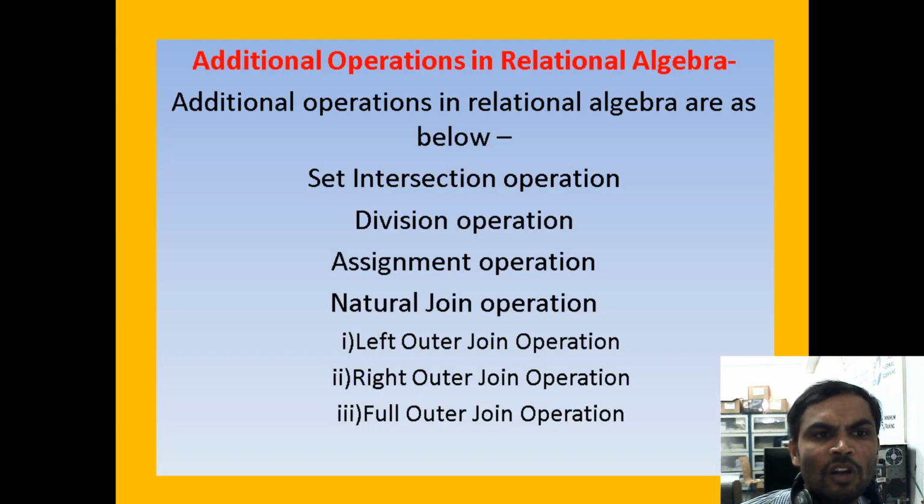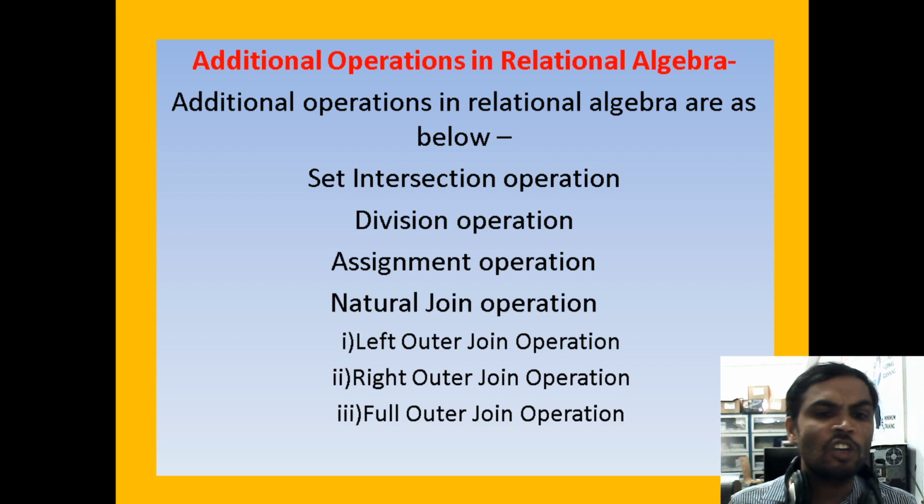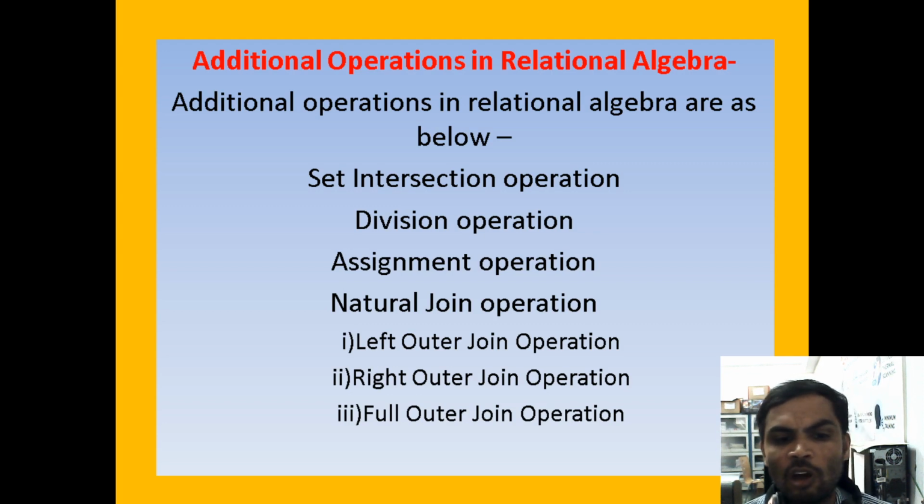Now if you want to go for the additional relational algebra, under it we have the set intersection operation, division operator, assignment operator, natural join operator, left outer join operator, right outer join operator, and full outer join operator.